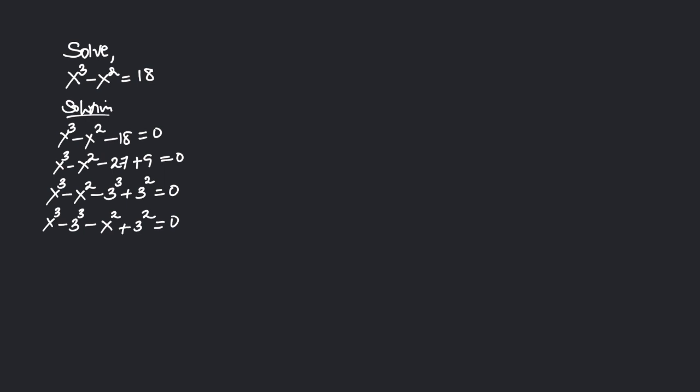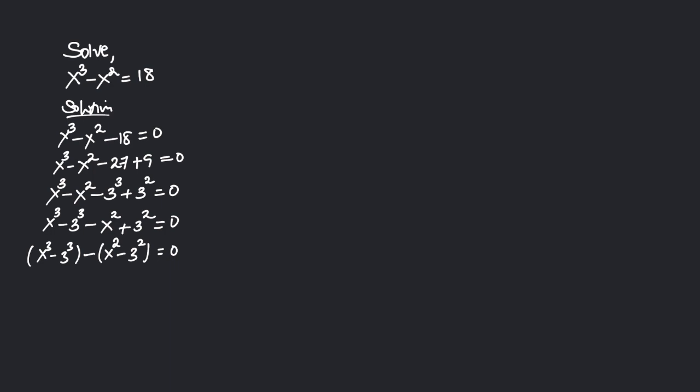And at this point, I just want to introduce some brackets, so we can write x to the power of 3 minus 3 to the power of 3 in brackets. Then we have a common negative sign there into x to the power of 2 minus 3 to the power of 2, and that would be equal to 0.